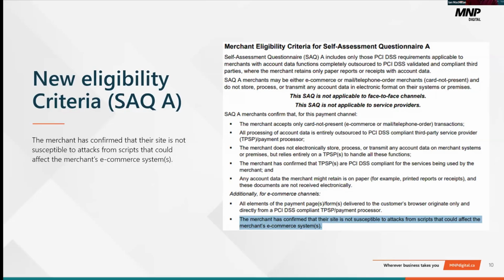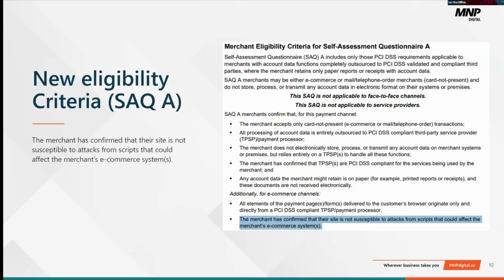The merchant has confirmed that their site is not susceptible to attacks from scripts that could affect the merchant's e-commerce systems. So if you have an e-commerce environment and you're doing your validation using an SAQ A, so you're below the threshold of transactions where you would be required to do a ROC, you have to demonstrate this eligibility criteria as well.